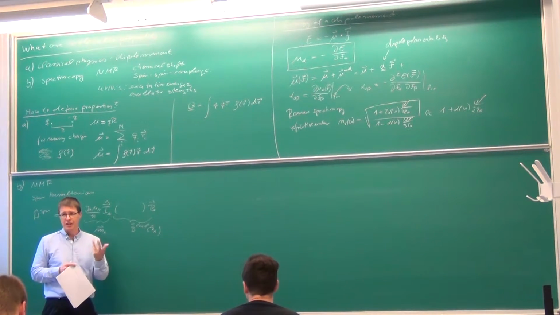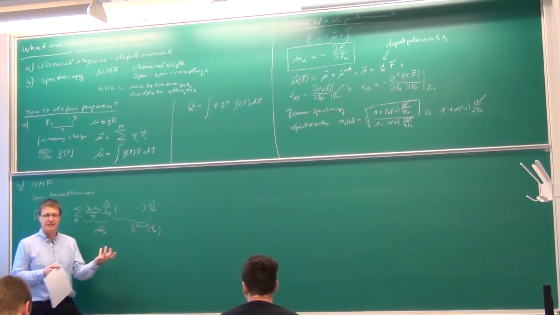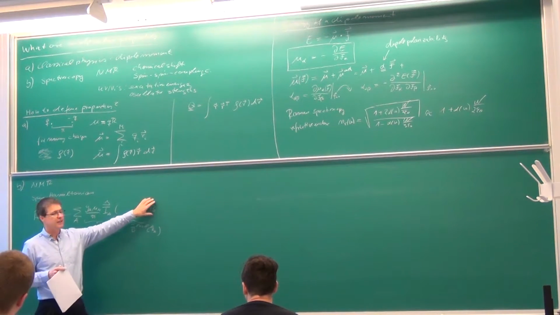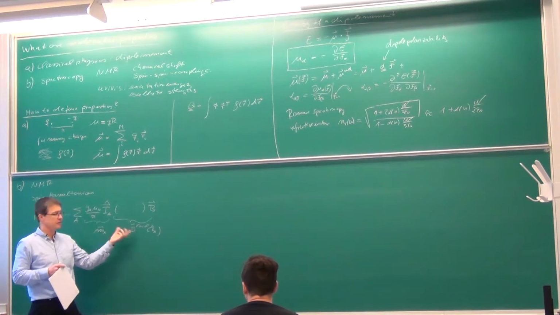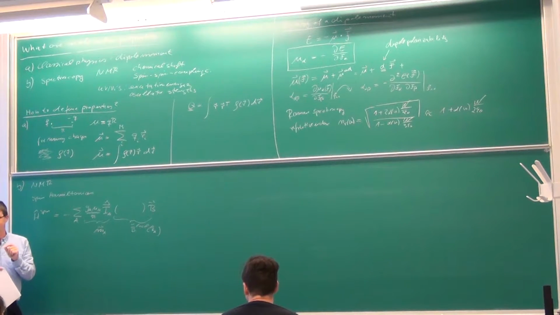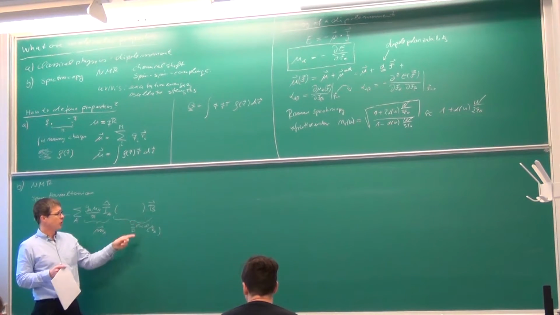If you have just a nucleus alone in a very nicely homogeneous magnetic field from a big magnet, then of course the field of the magnet and the field at the position of the nucleus are the same. But if that nucleus already has electrons, so it's not carbon 6+ but the carbon atom with its electrons, then they are no longer the same.